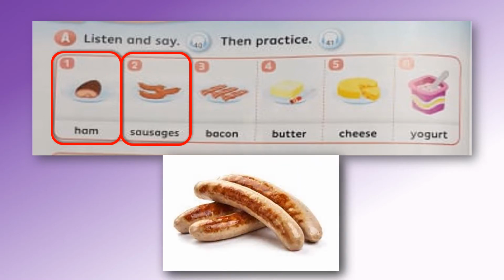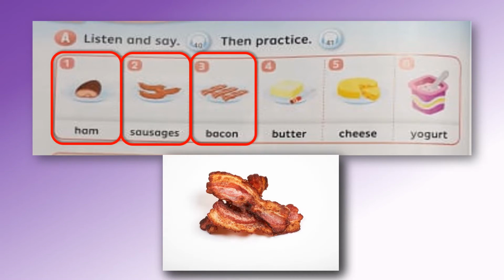Sausages are from a pig. Number 3, bacon. Bacon is from a pig. And I love bacon.